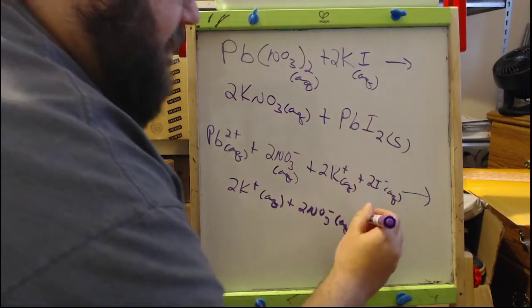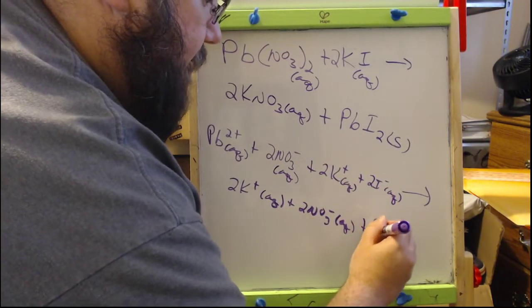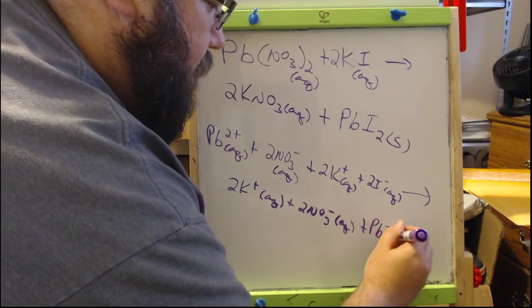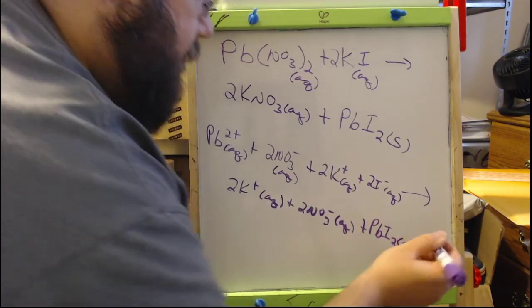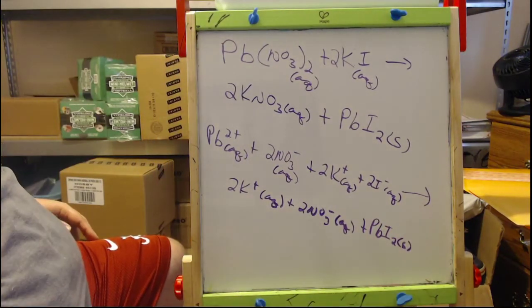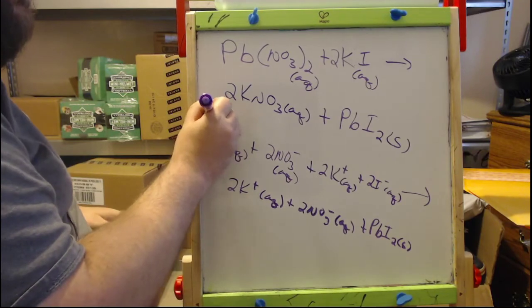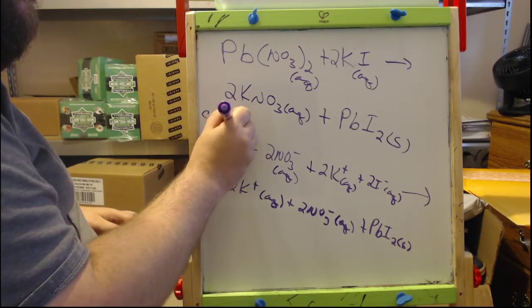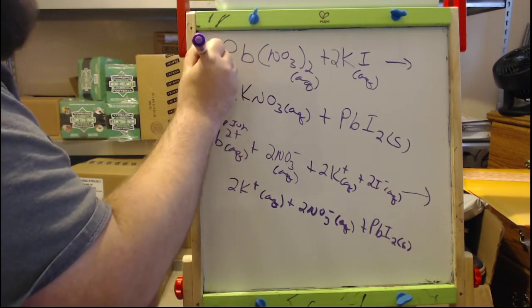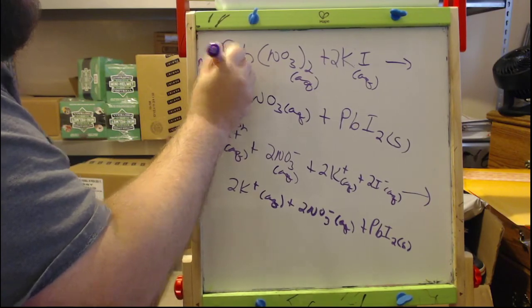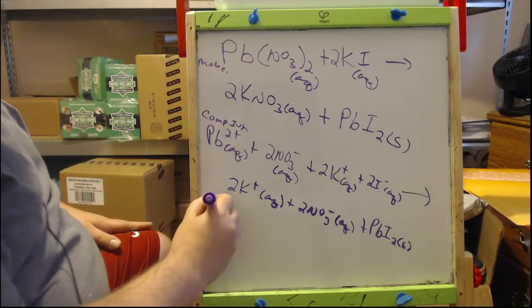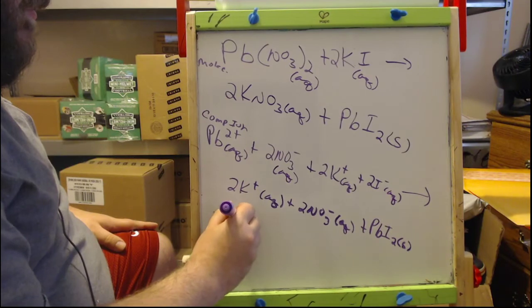This is a solid, stays completely solid. PbI2 solid. Now, this is known as my complete ionic. This is known as my molecular. Okay. My net ionic, I need to cancel out the spectators.